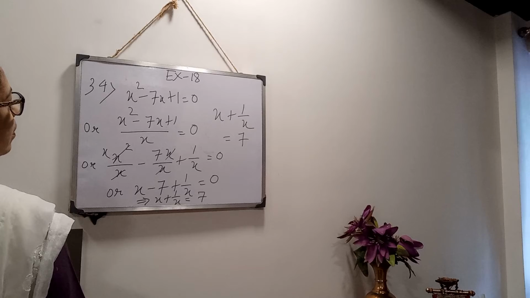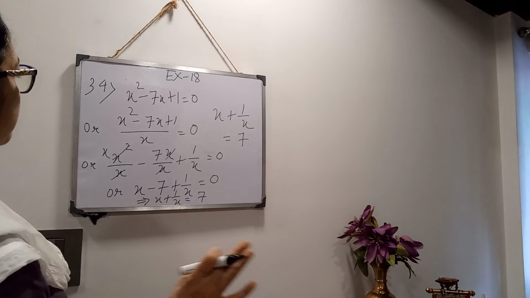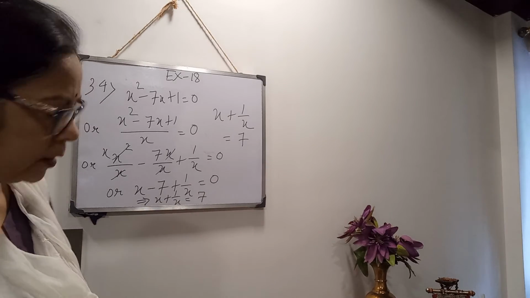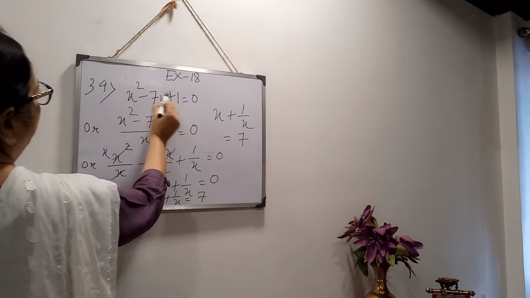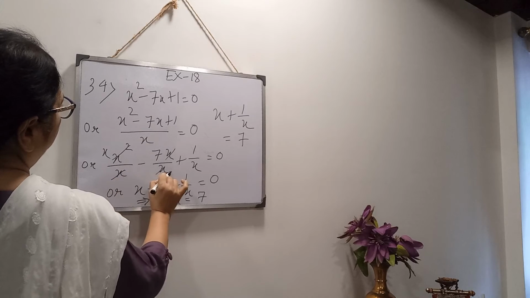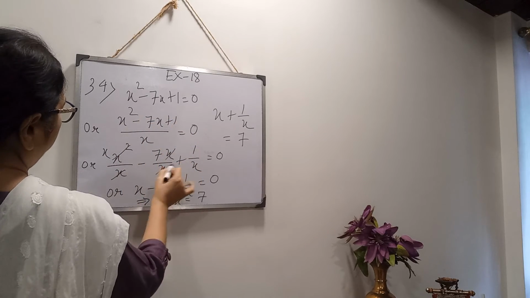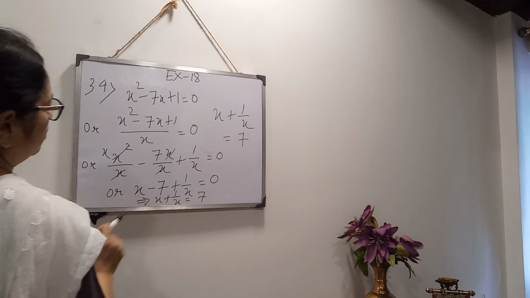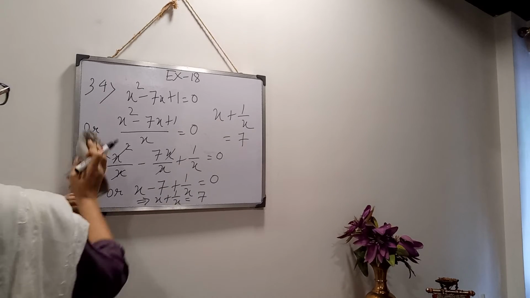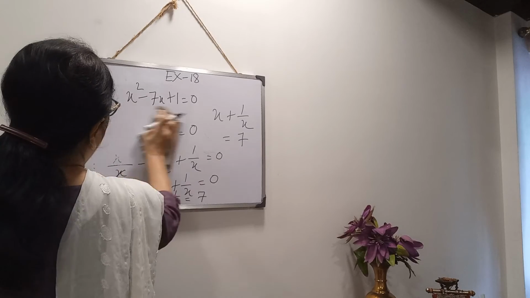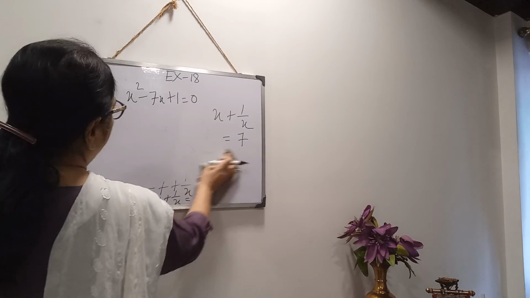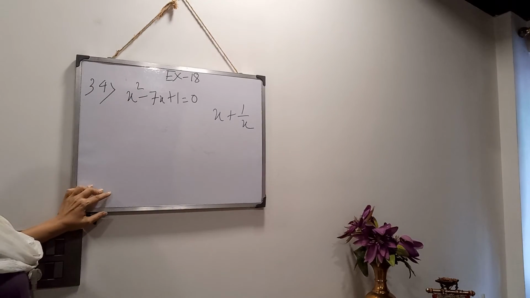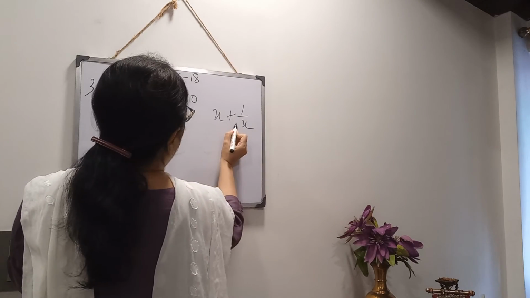And there is another method also. This one you will copy, and on the right side you will write down another method also. This one what we have done: by x we have divided, then we have separated the terms, and what is cancelled out. After that we are getting x plus 1 by x equal to 7. Clear? Okay, this is one method. And another method is, this is given and you have to find out this.